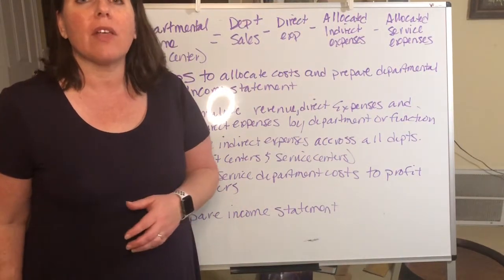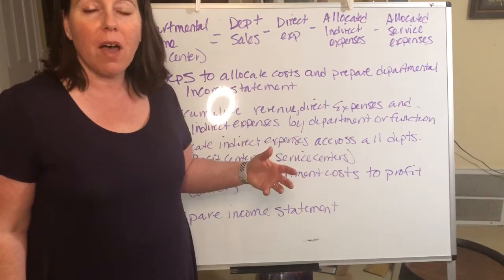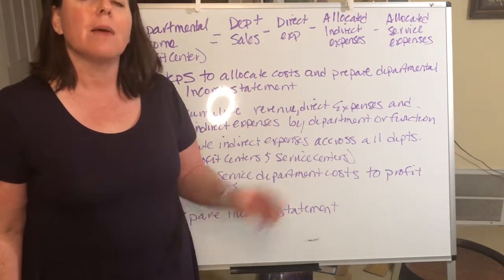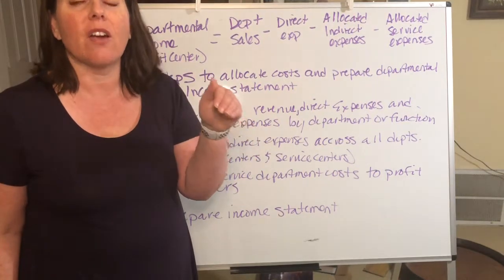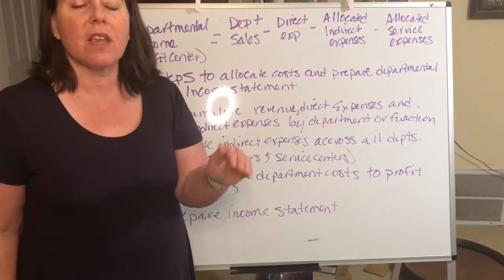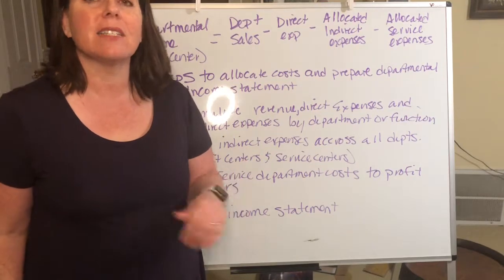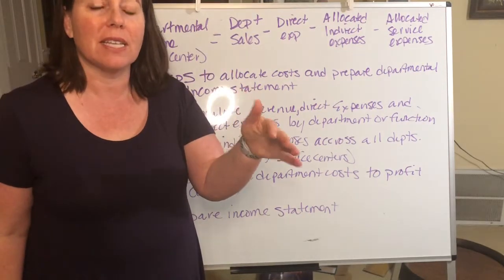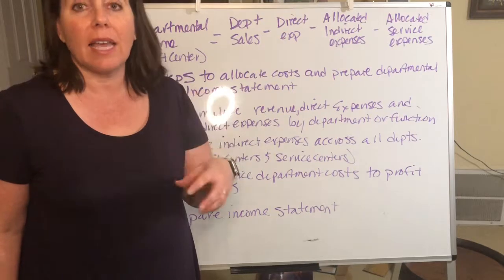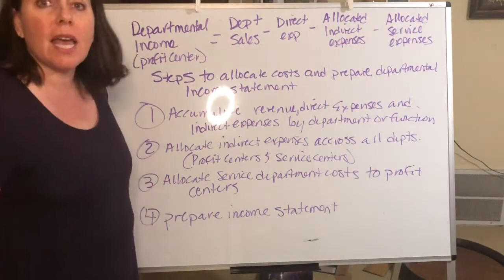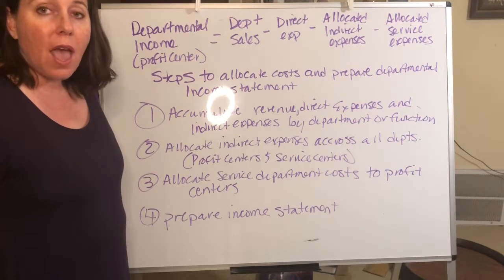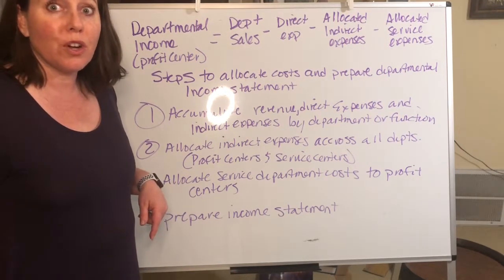So now when I'm allocating HR to all of my profit centers, it's going to be my direct cost for HR plus my allocated indirect expenses. When I allocate the cost of IT, it's going to be the direct expenses of IT plus any allocated indirect expenses. All right, go ahead and write this down in your notes, and then we're going to start doing an example.